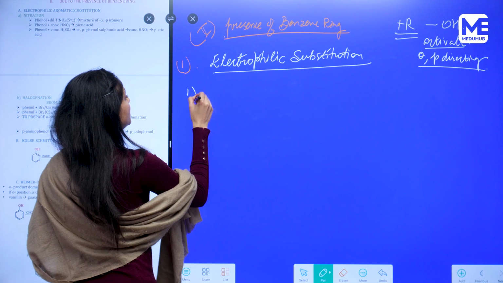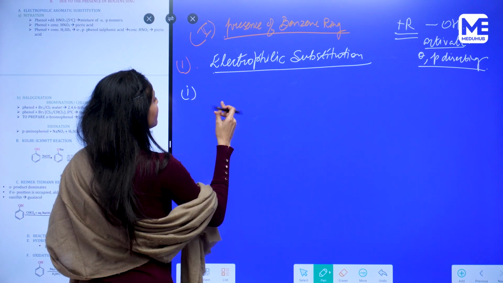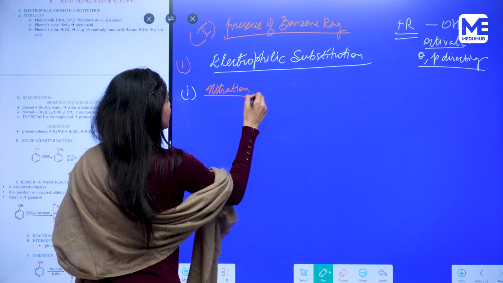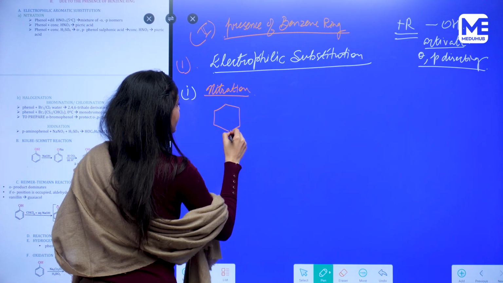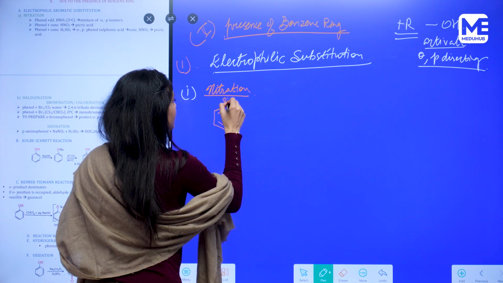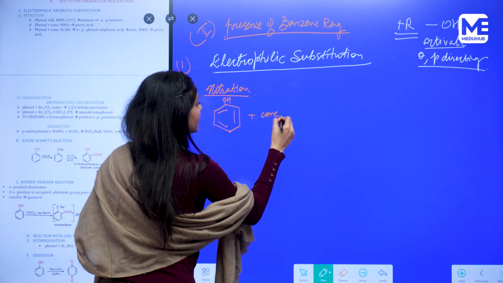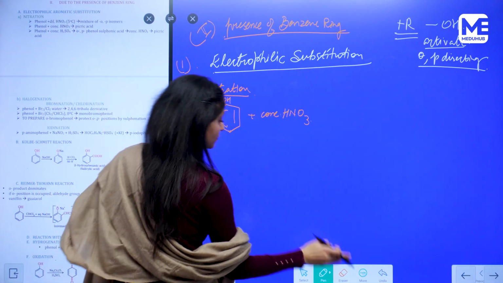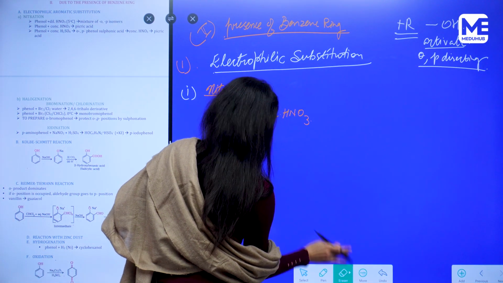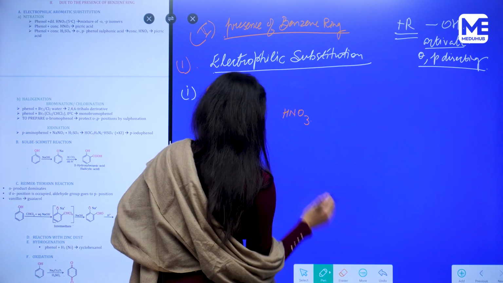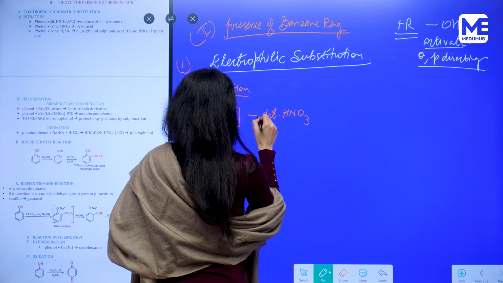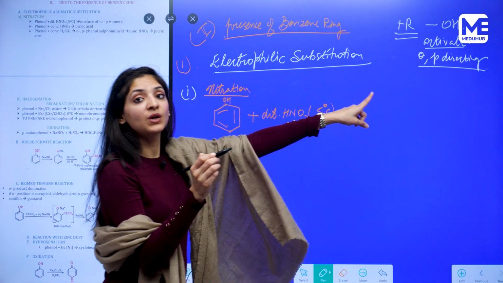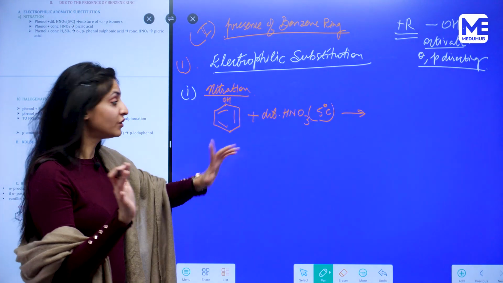The first example we'll take is of nitration. So if we treat phenol with concentrated nitric acid, we'll do concentrated later. Let's do dilute first. With dilute nitric acid at 5 degrees Celsius, since the ring is activated, drastic conditions are not required.